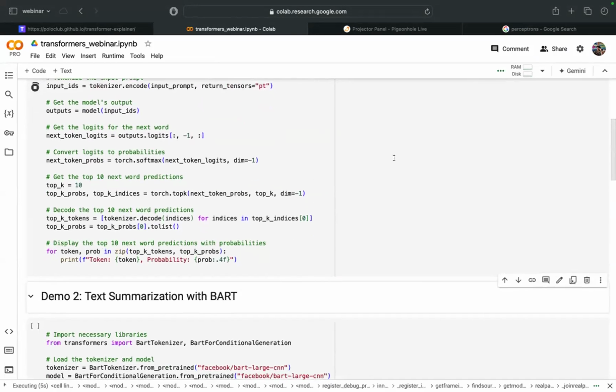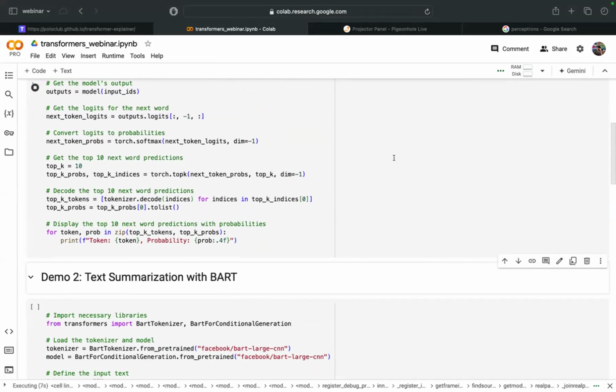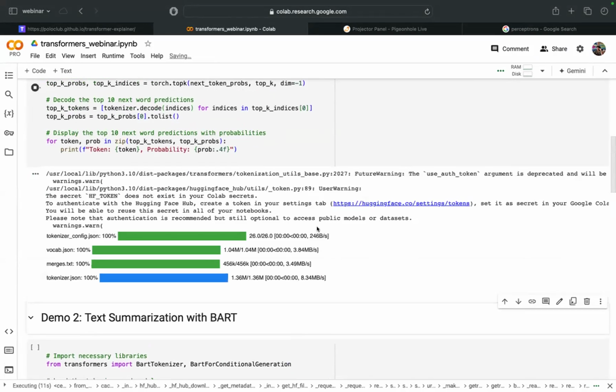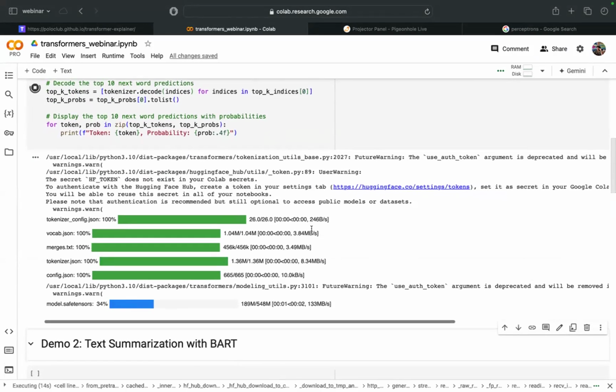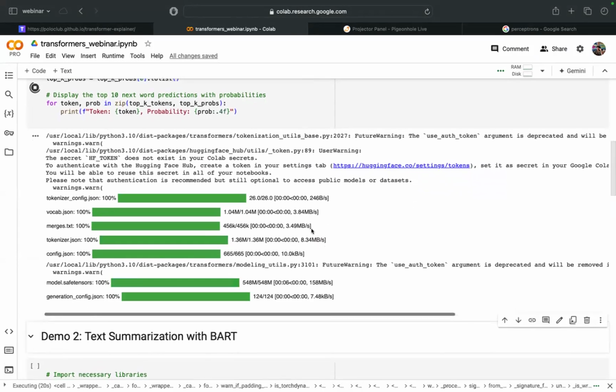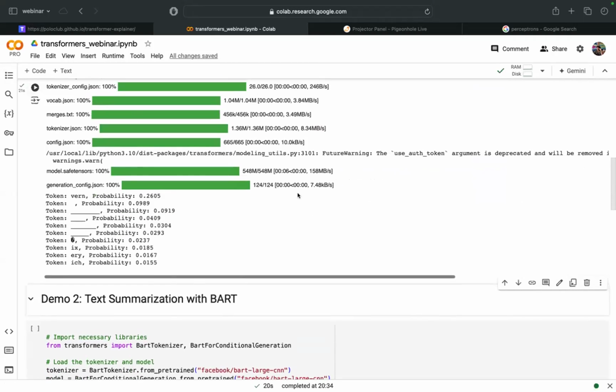You can try all of these by yourself, and there are even more models available on Hugging Face that you can directly get. I think it's just loading up the model. Just give it a second. Yeah, it predicted this token with this probability, and that's the highest probability, around 0.9.